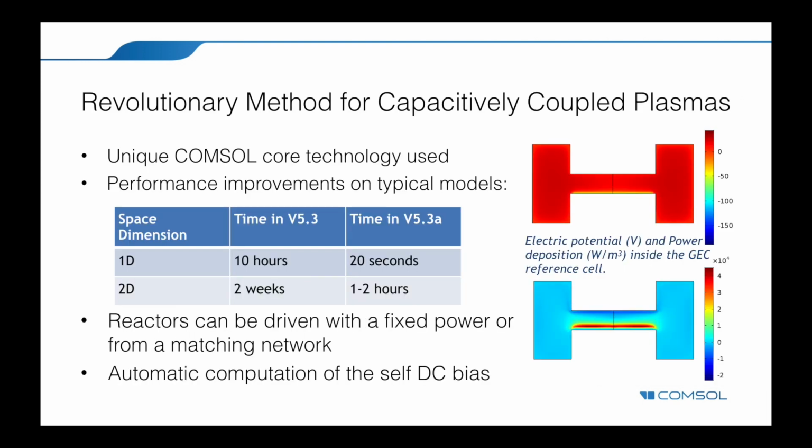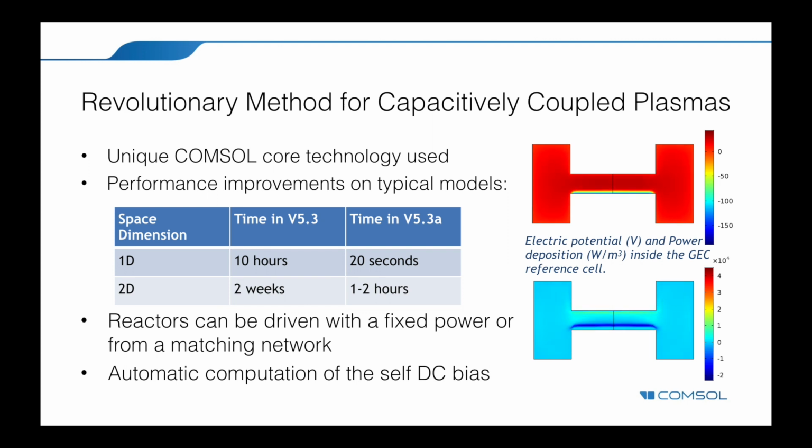And as I mentioned earlier, the plasma module has a huge and a big update. We call it revolutionary. It's a new method for capacitively-coupled plasmas, or CCPs. This is based on a nonlinear time periodic formulation. Many of our plasma module users have been asking about this over the years, so this is some great news for this community.